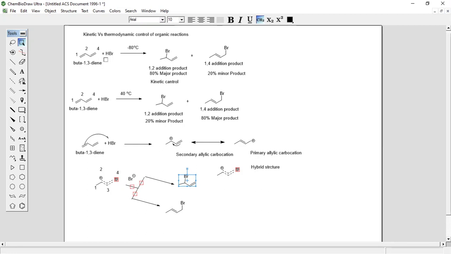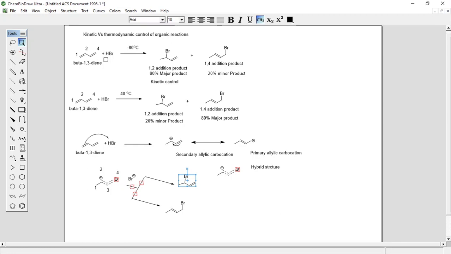The competitive 1,2 and 1,4 addition reaction is typical of conjugated dienes, and it is an example of kinetic versus thermodynamic control of organic reaction. At lower temperature, the rate at which the reaction occurs dictates which product is preferred.